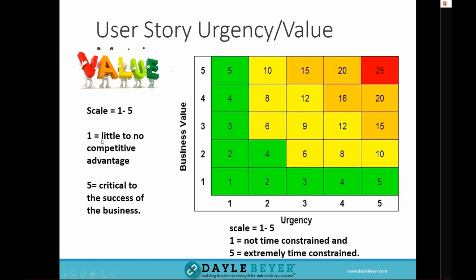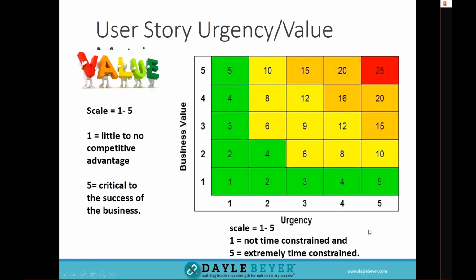Well, a 1 here is described as little to no competitive advantage, and a 5 is described as critical to the business, the success of the business. Okay, and then we could also describe a 2 and a 3 and a 4. Now, urgency we defined as not time constrained for a 1, and a 5 is extremely time constrained.